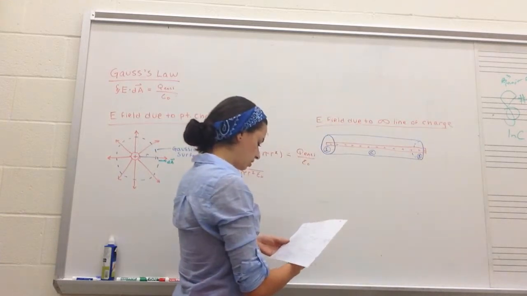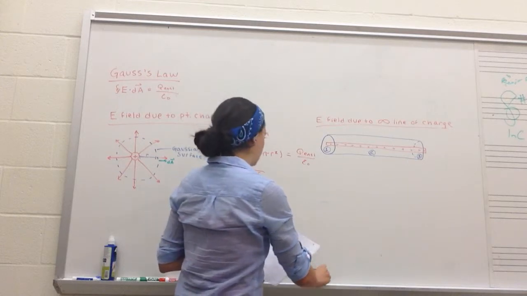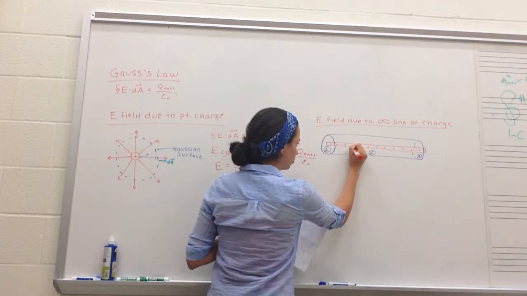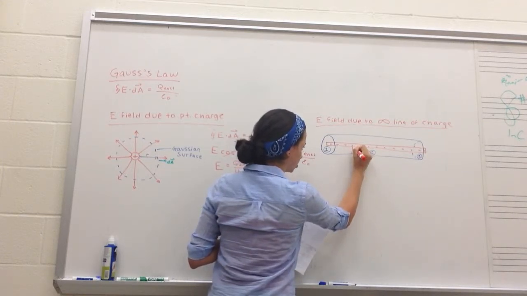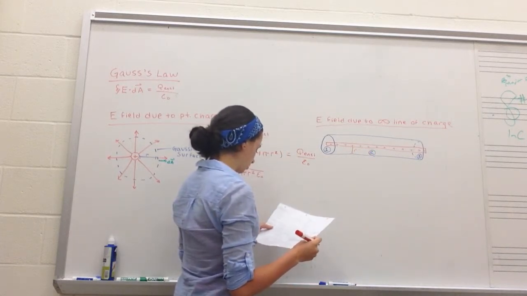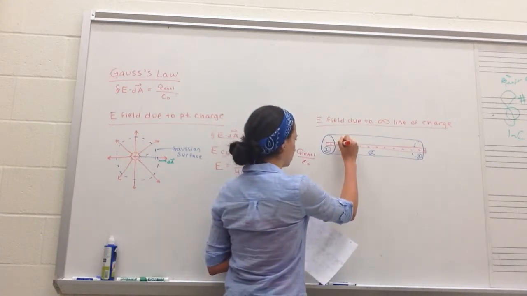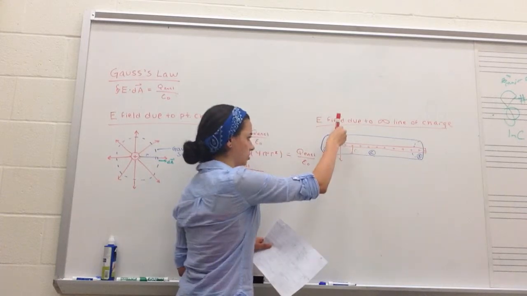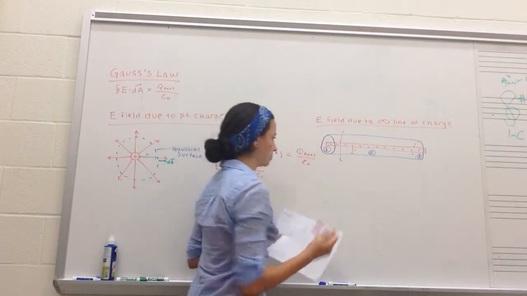All right. So we have our radius, r, and that's how far away this Gaussian surface is from the line of charge. We have our electric field extending from it, and you know that it goes all the way through the page and back up.